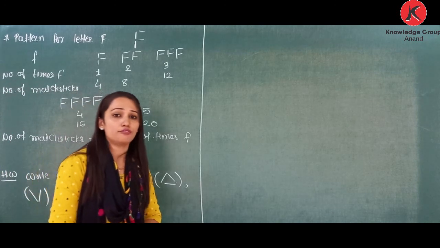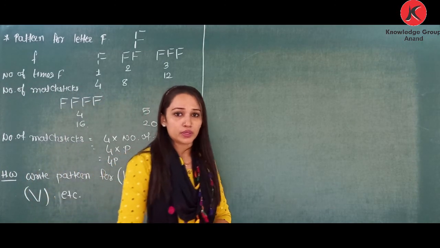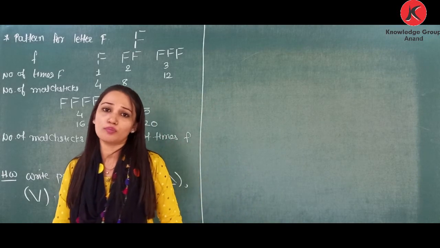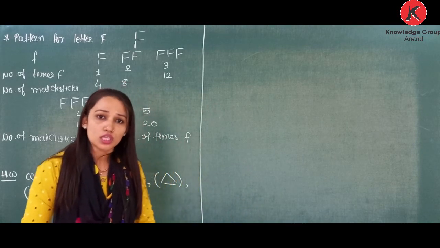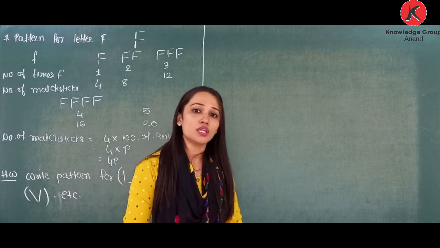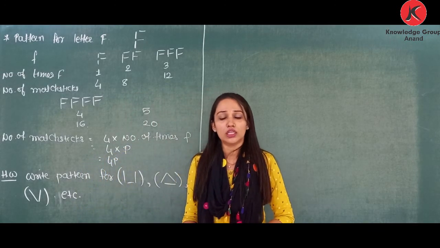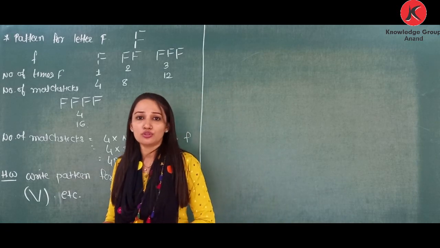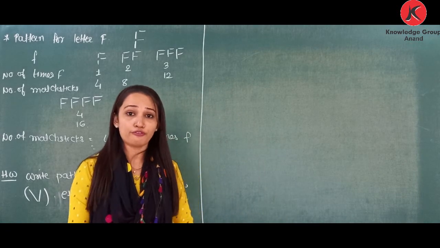For example, if we went to the shopkeeper and we want to buy something, for example a pencil. If the cost of one pencil is 2 rupees, then what will be the cost of 2 pencils? If you want to buy 2 pencils, then 2 multiply 2, that is 4. You need to pay 4 rupees.